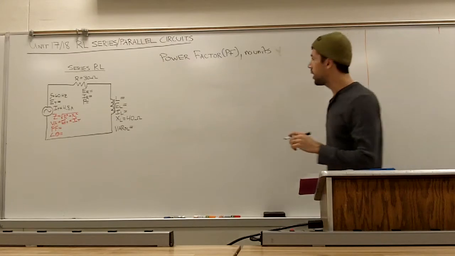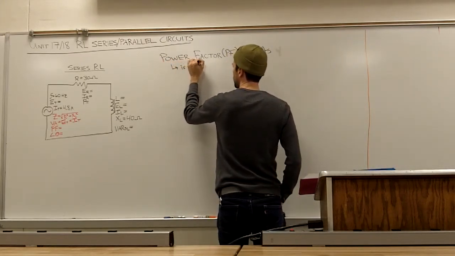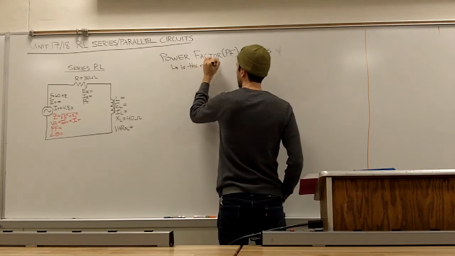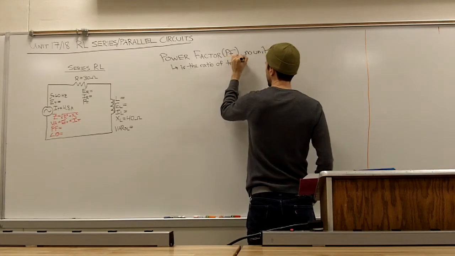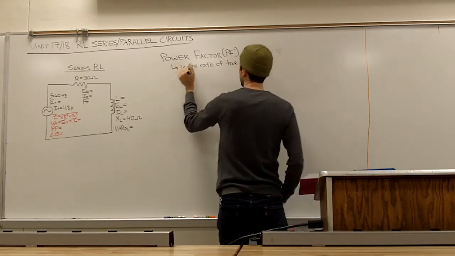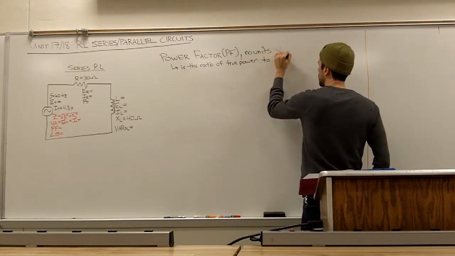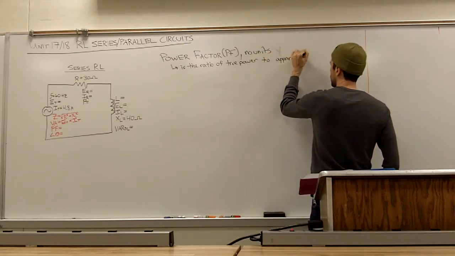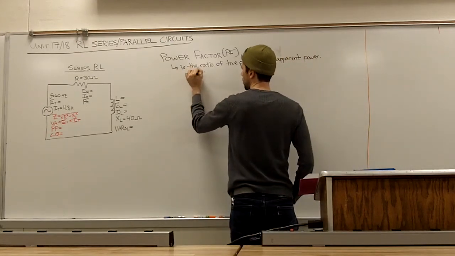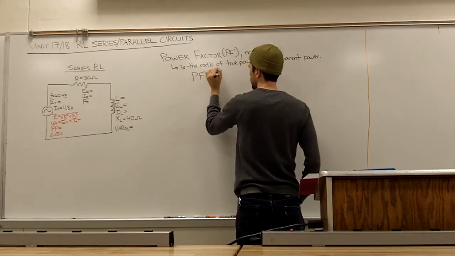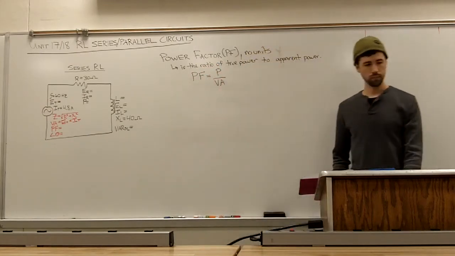And power factor is defined as the ratio of true power to apparent power. So our power factor PF is equal to our true power P divided by our apparent power VA.